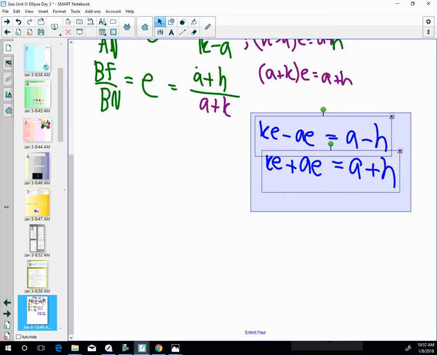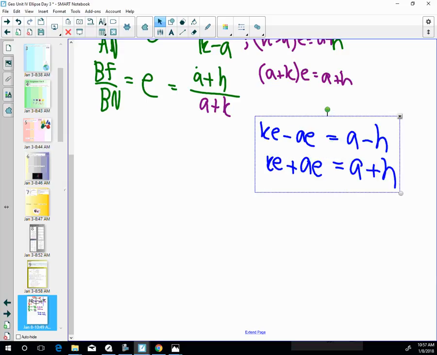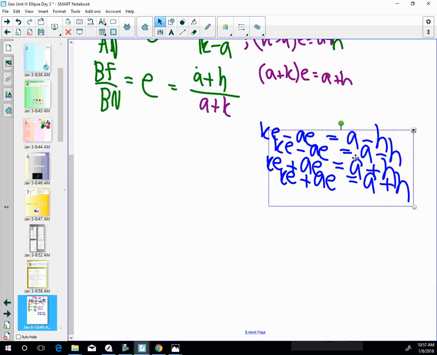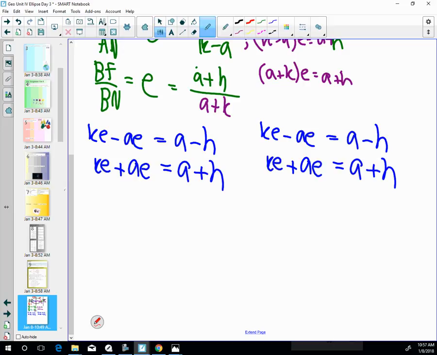Here's my favorite part of this whole thing. I'm going to group this, clone it. We're going to do this twice. The first time, we're just going to add these up. So what's KE plus KE? 2KE.